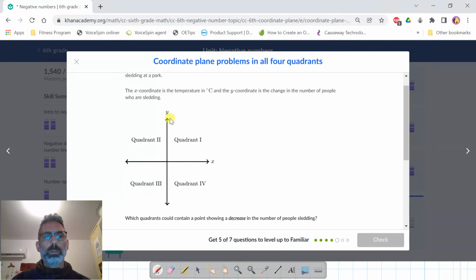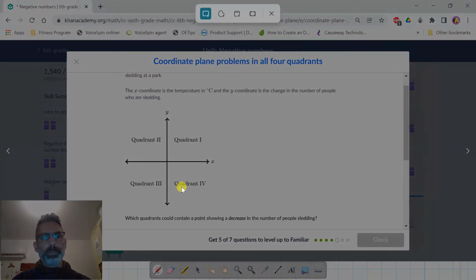Okay, so the two quadrants which have negative y are quadrant 3 and quadrant 4.